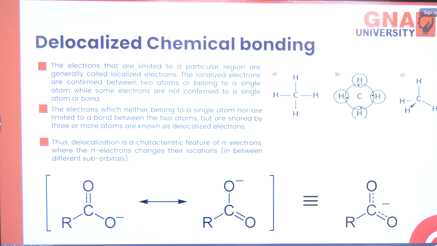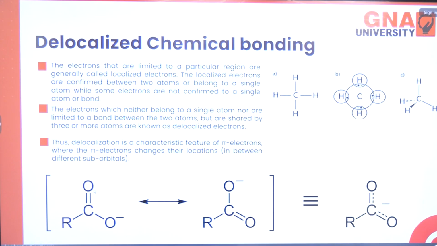But if we take the example of the carboxylate ion, the pi electrons are not localized on only one oxygen. If we shift the negative charge of this oxygen towards the carbon atom, the double bond, the pi bond, will shift towards the other oxygen, meaning the upper oxygen will now get the negative charge.